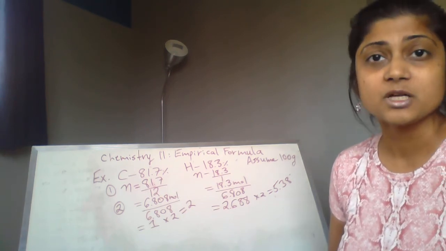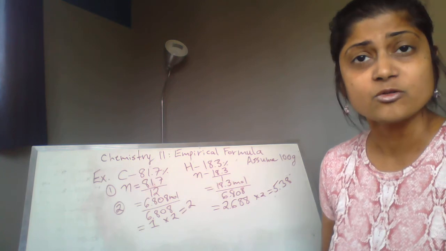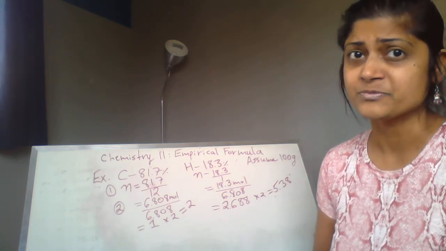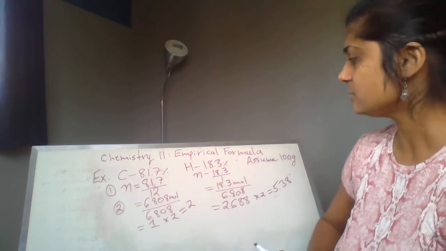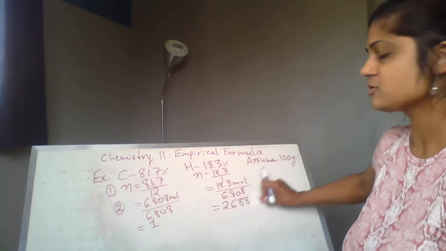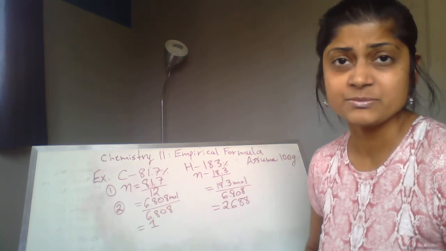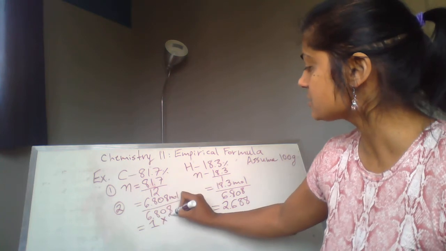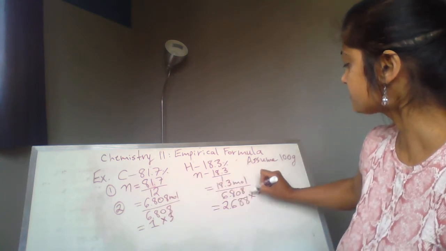When you're finding the smallest whole number ratio for the empirical formula, it does have to be basically an exact number. So let's take this off then. Multiplying by 2 is not giving me an exact number for the number of atoms, so we're going to try multiplying by 3.